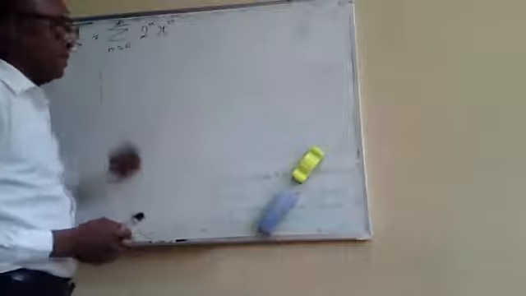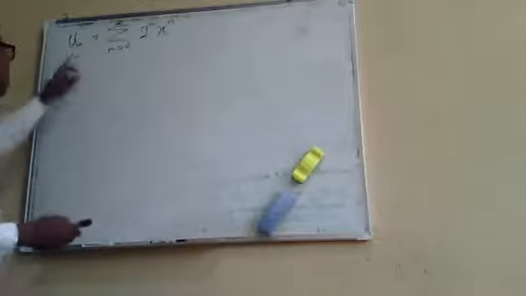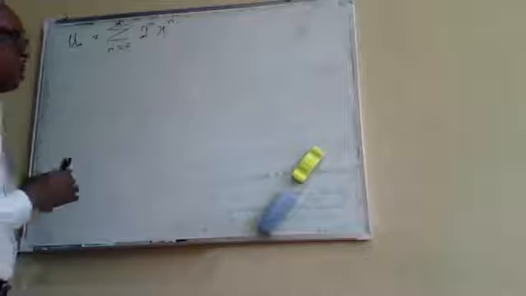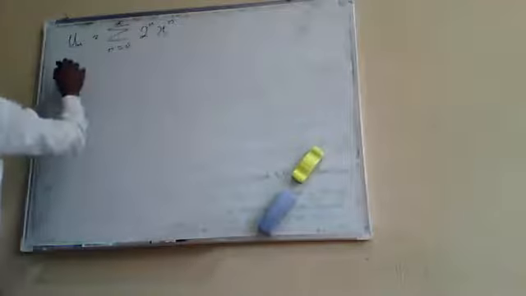So let's say u of n is given to be a series, n equal to 0 to infinity, 2 raised to power n, s raised to power n. If un is equal to this, then we are going to determine our un plus 1.